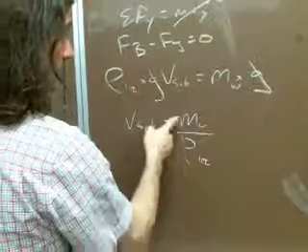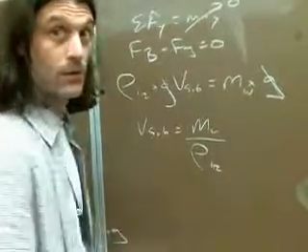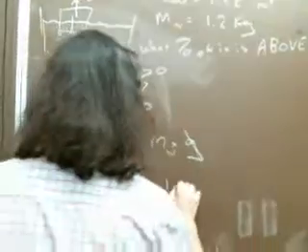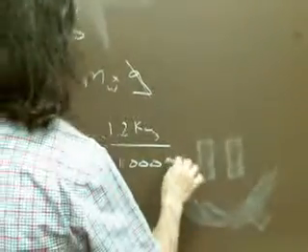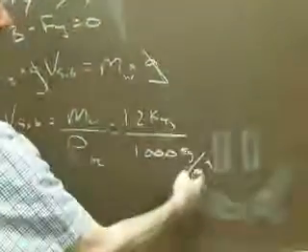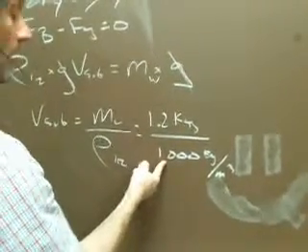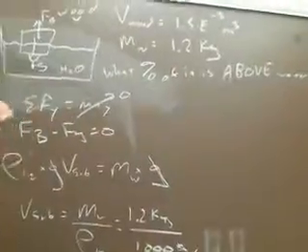What's the density of water? 1,000. So the mass divided by 1,000 is going to be a small number. When you kill the kgs, you're going to be in cubic meters. So it's 1.2 E negative 3 is the volume that's just submerged compared to the volume I said, 1.5 E negative 3.